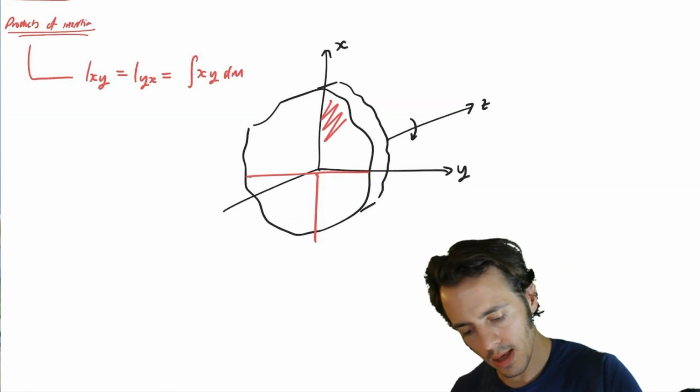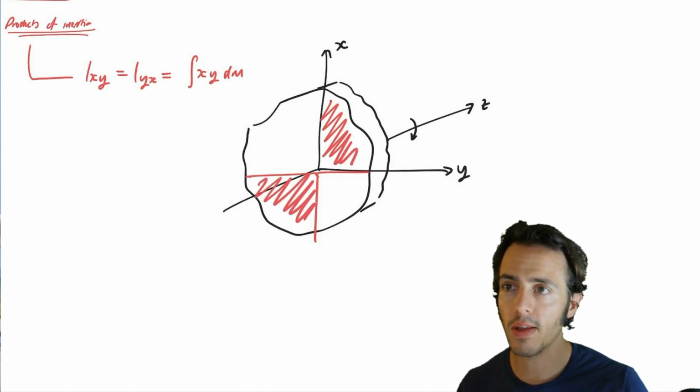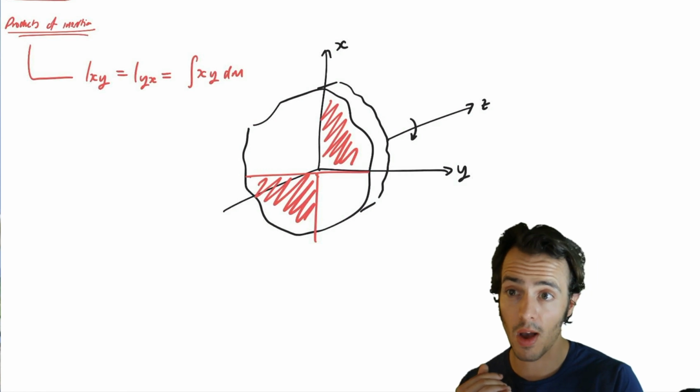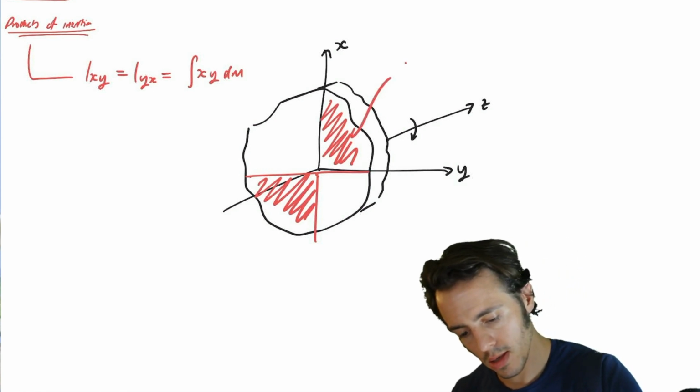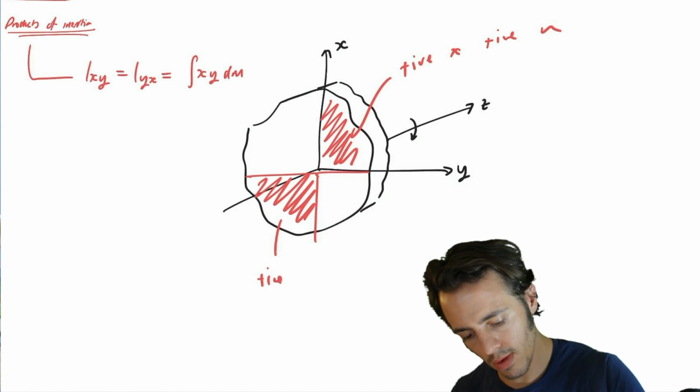Broadly speaking, the Ixy in here and the Ixy in here are going to have the same sign because I've got positive x, positive y, and the same here, positive x, positive y.